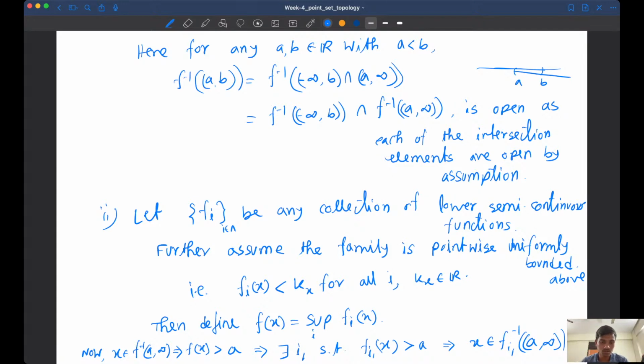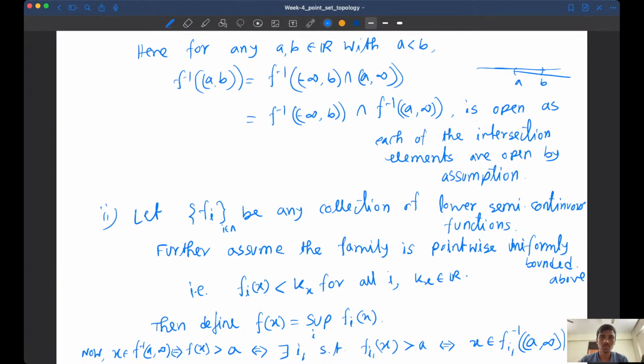The converse is also true: if some f_i1 has value greater than a at x, then a cannot be the supremum of that thing. So we get the converse also.